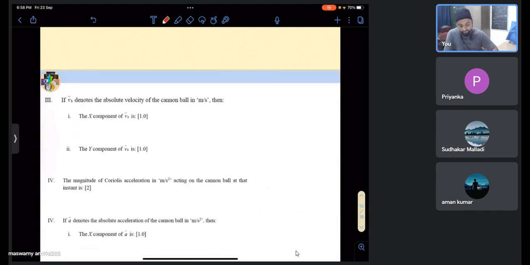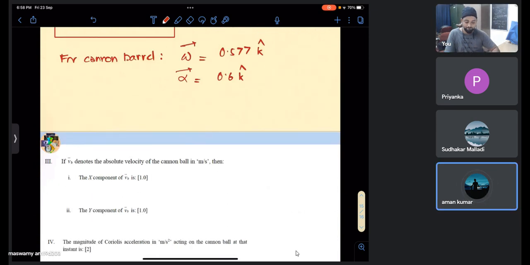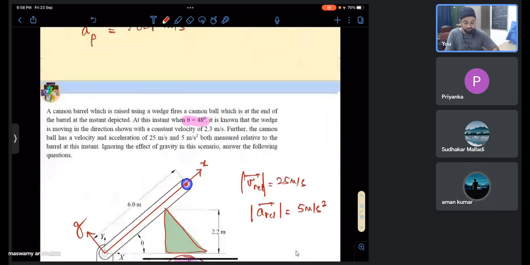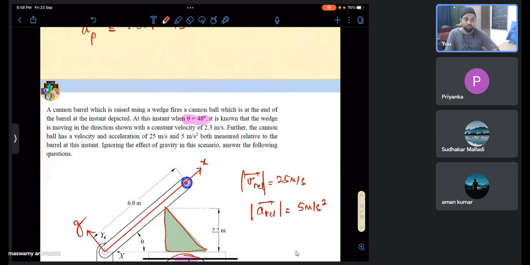Okay. Velocity of B denotes the absolute velocity of the cannonball in meters per second. Value of theta is given to be 48 degrees in the question.